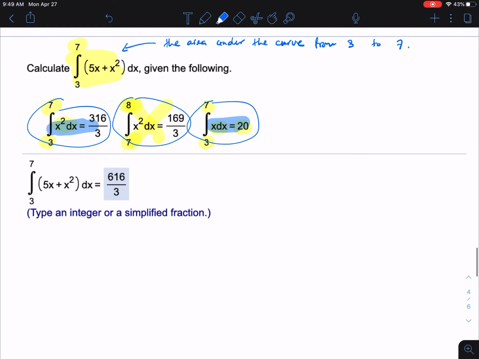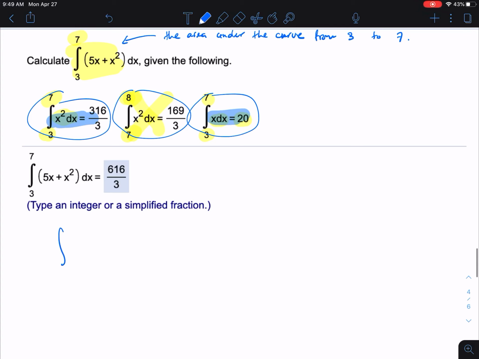So what we can do is look at this and say, okay, the area of this graph here from 3 to 7, we can break that into two separate integrals: the integral from 3 to 7 of 5x dx, plus the area from 3 to 7 of x squared dx.